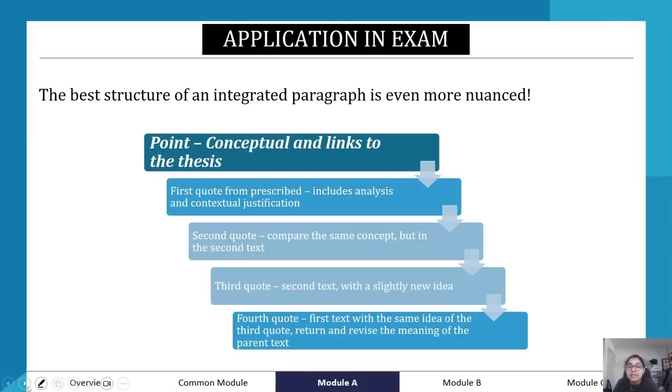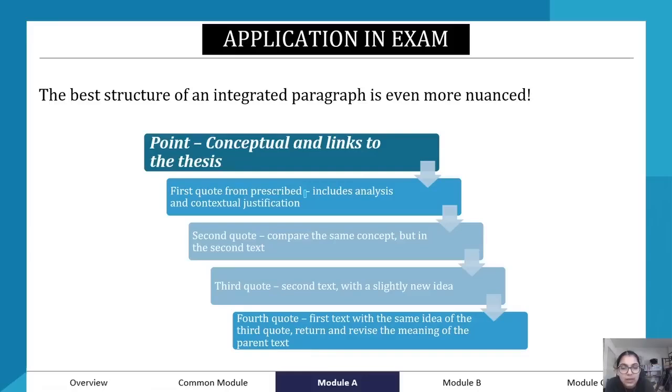So here we can see that we've got conceptual and links to the thesis. The first quote from the prescribed text includes analysis and contextual justification, and then we've got a second quote for the same concept but in the second text.